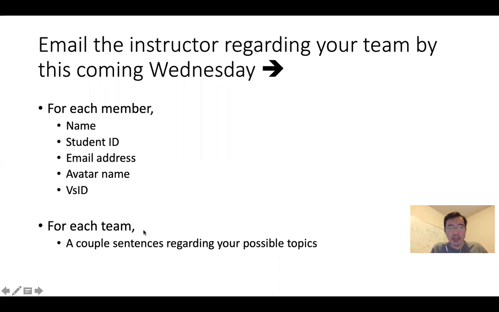And for each team, I hope you can write a couple of sentences. You don't have to be complete or finalized, but just a few sentences regarding your possible topics for your final project. So I hope to receive it by this Wednesday.